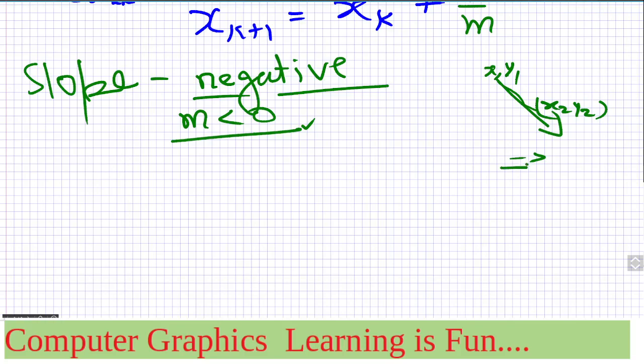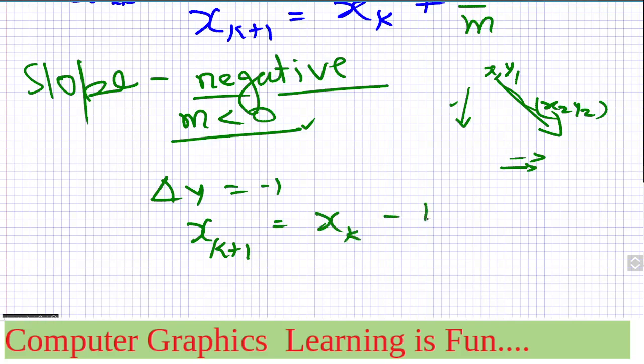You will have to increment x and decrement y, right? So you will keep delta y is equal to -1 and you will find x. So xk plus 1 will be xk minus 1 by m.